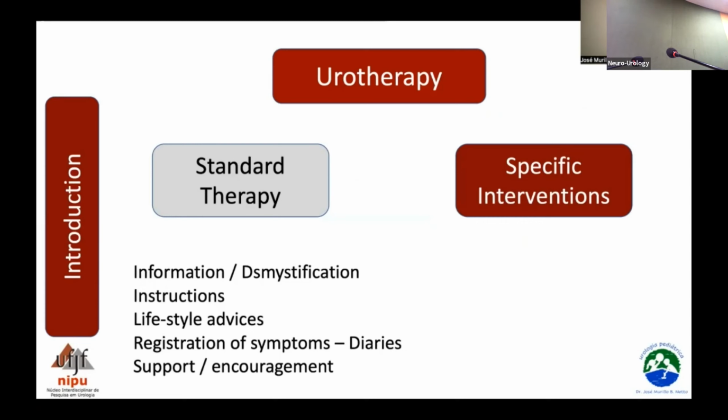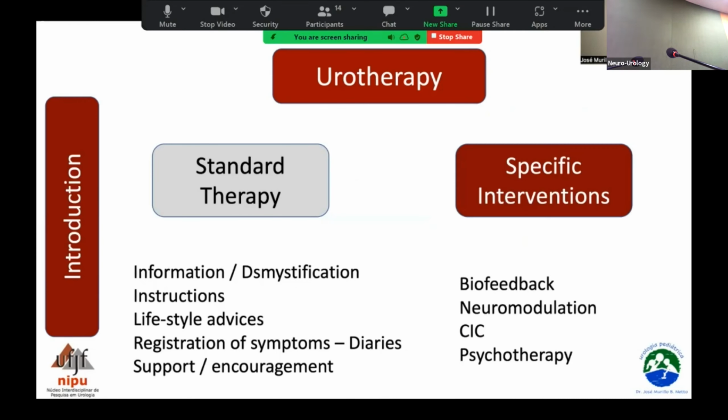And the specific interventions are mostly biofeedback, neuromodulation, intermittent catheterization, psychotherapy. So we're going to talk about one specific intervention in urotherapy, which is neuromodulation.